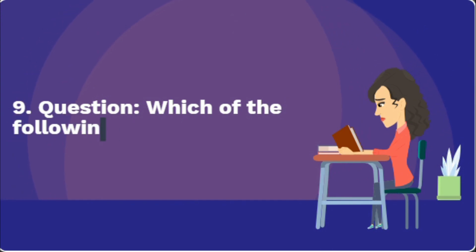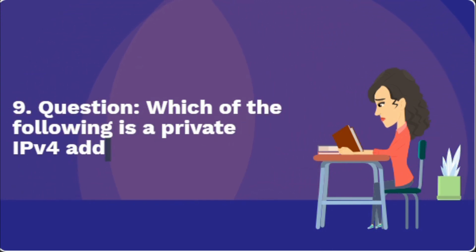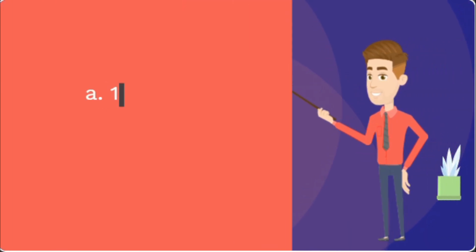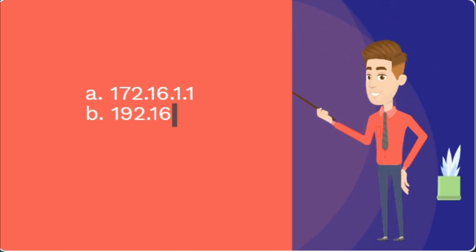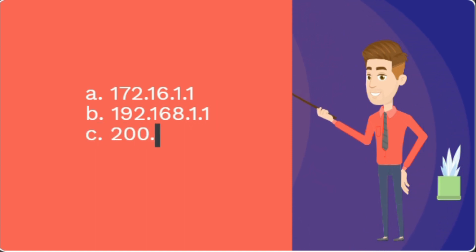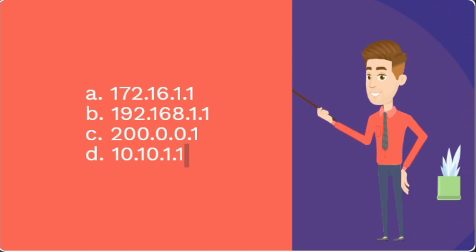9. Question: Which of the following is a private IPv4 address? A. 172.16.1.1 B. 192.168.1.1 C. 200.0.0.1 D. 10.10.1.1.